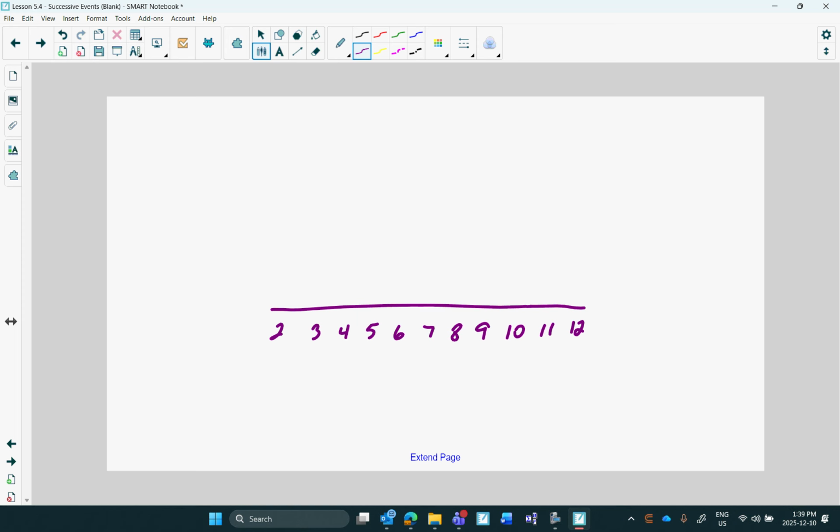What's the sum that occurs the most according to probability? 7. Because you can get 7 six ways: 6 and 1, 1 and 6, because order does matter, 5 and 2, 2 and 5, 4 and 3, 3 and 4. So if you kept rolling over and over again, eventually it's going to look like this.